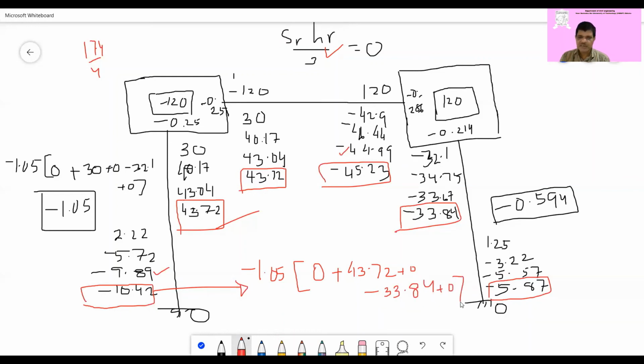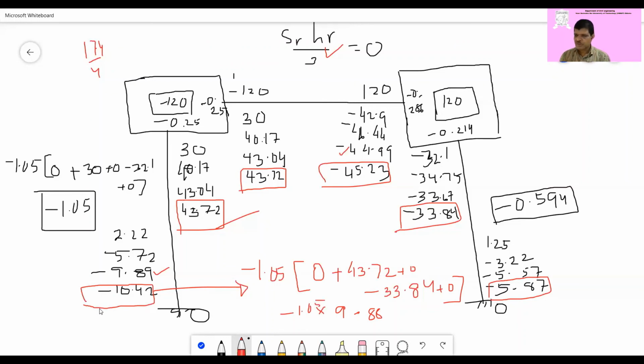And from here is minus 33.84 and 0 from this end. So what is the value coming now? 43 minus 33, it will be 9 point something, which is 9.88. The 9.88 multiplied by minus 1.05 will come around 10.42.